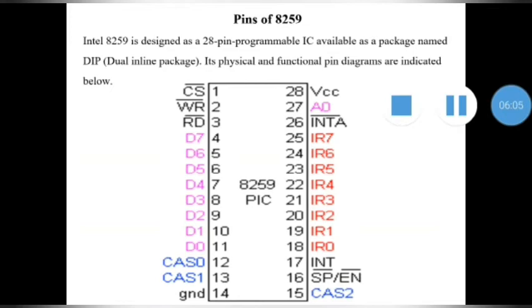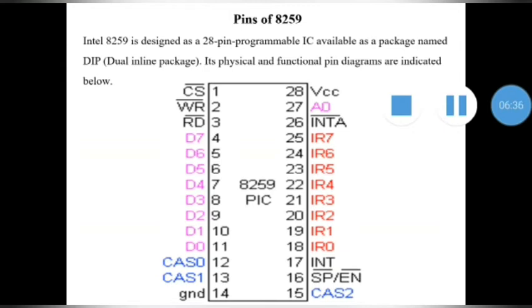Now the next pin is SP bar and EN bar. These are also active low signals, and this pin is used for dual purpose. When the 8259 chip is used in buffer mode, this pin is used as a buffer enable to control the buffer transceiver.